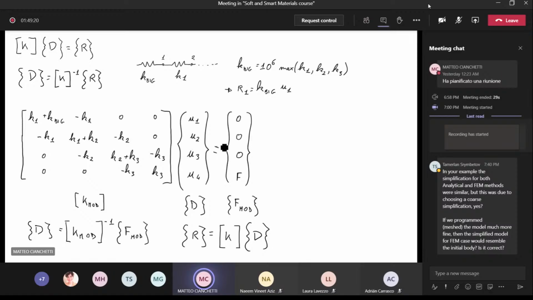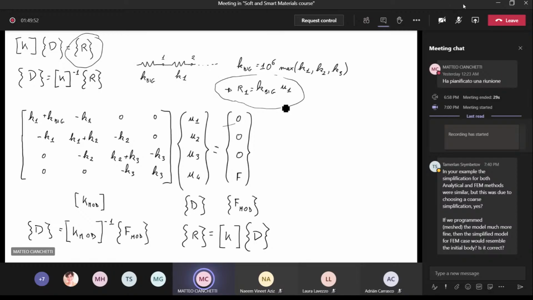No, but I mean, now we can go back to this. Isn't it clear? Because actually, what we did is just substituting this, okay? The only difference between this equation and this other equation is just that we described R1 like K big multiplied by U1, okay?